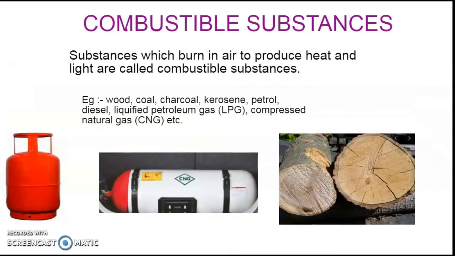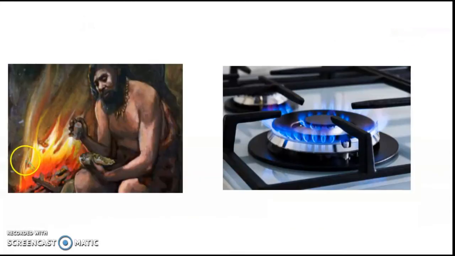So let's study one of its terminologies. The first term is combustible substances. What are combustible substances? In the earlier picture, wood was burned to produce fire, and in this one LPG gas was burned to produce fire.